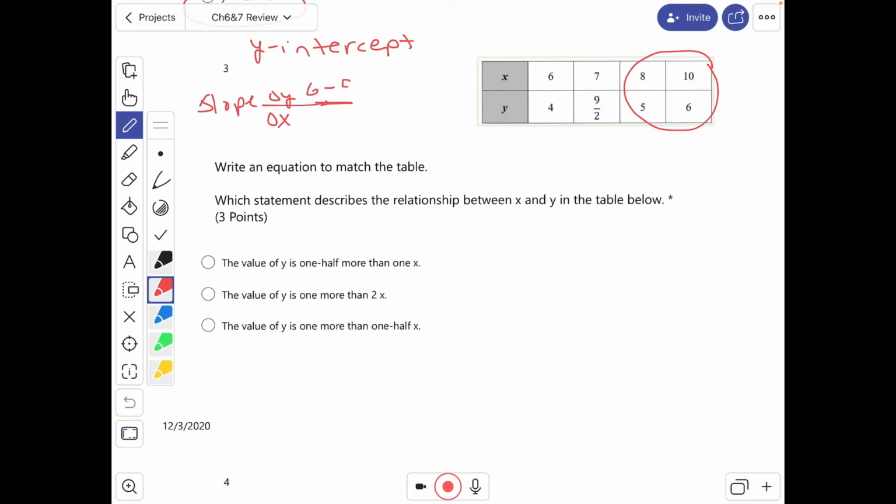So the 2 y's I just picked were 6 minus 5. And the x that goes with 6 is 10, and the x that goes with 5 is 8. 6 minus 5 is 1. 10 minus 8 is 2. So the slope is a half, or 1/2. Remember, slope is the number that we put times x.